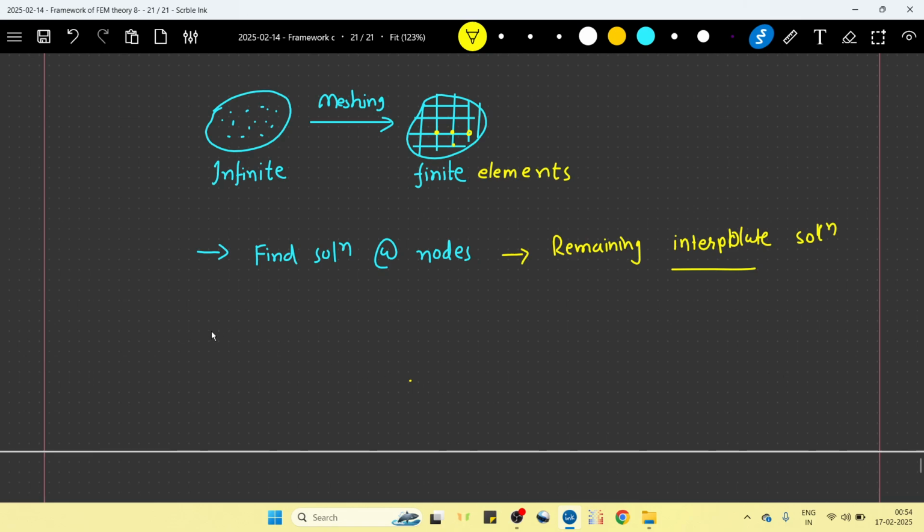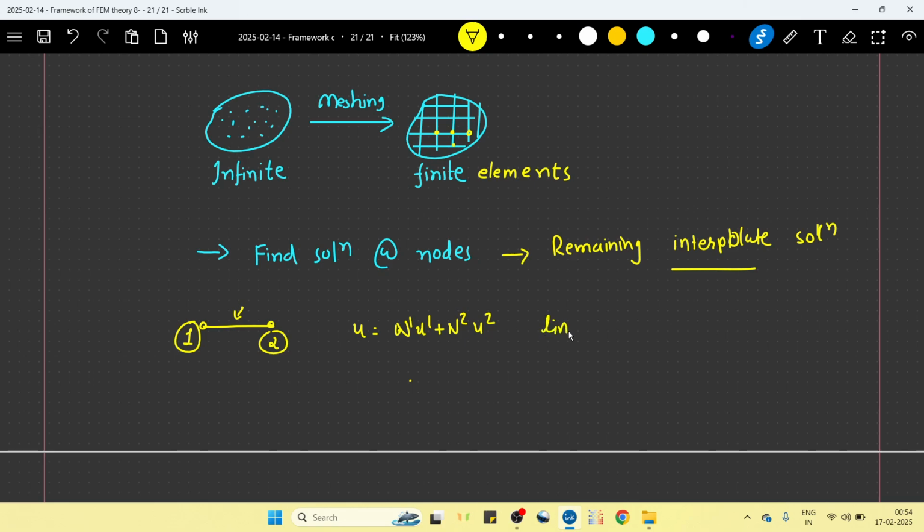We have seen a 1D element with node numbers 1 and 2, where we find u1 and u2, and we say the solution within the element is equal to N1 u1 plus N2 u2. Here the shape functions, or interpolation for the solution within the element, are linear.